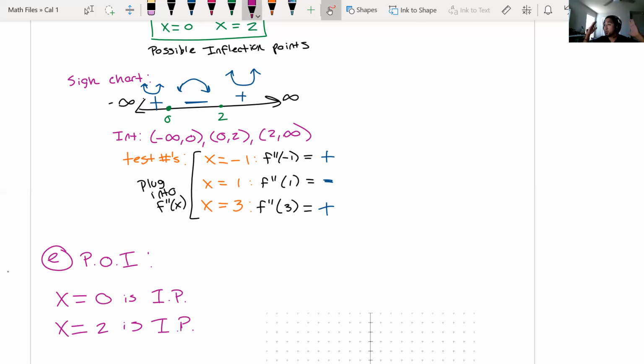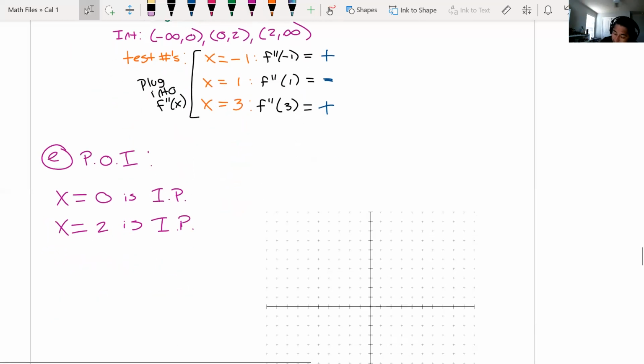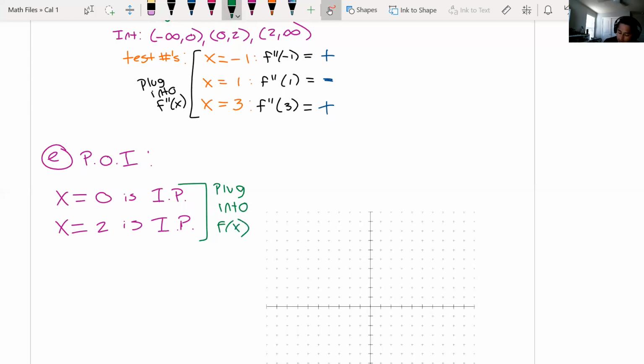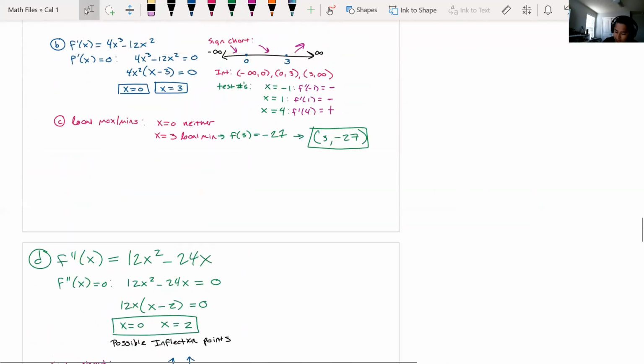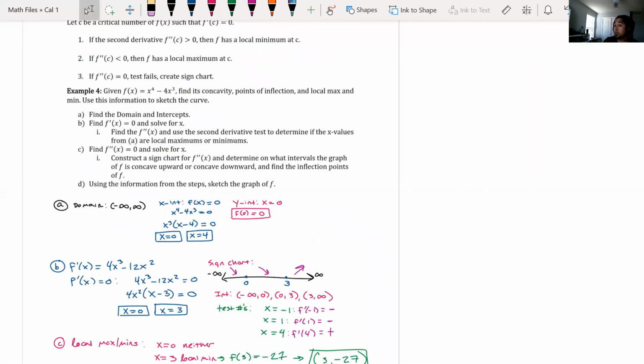So now we need to find the exact location of these IPs. Once again, you plug into the original function, so f of 0 and f of 2. You just have to remember what that original function was. If you plug in 0 to the original function, you'll end up with 0.